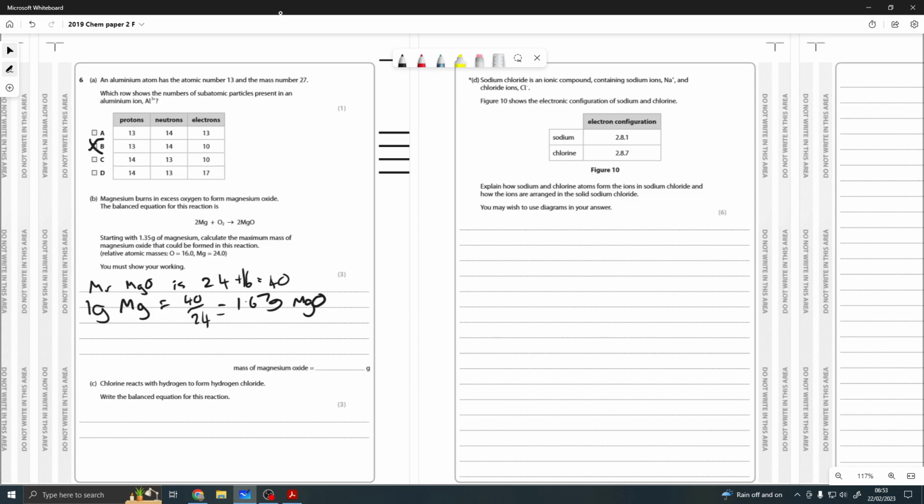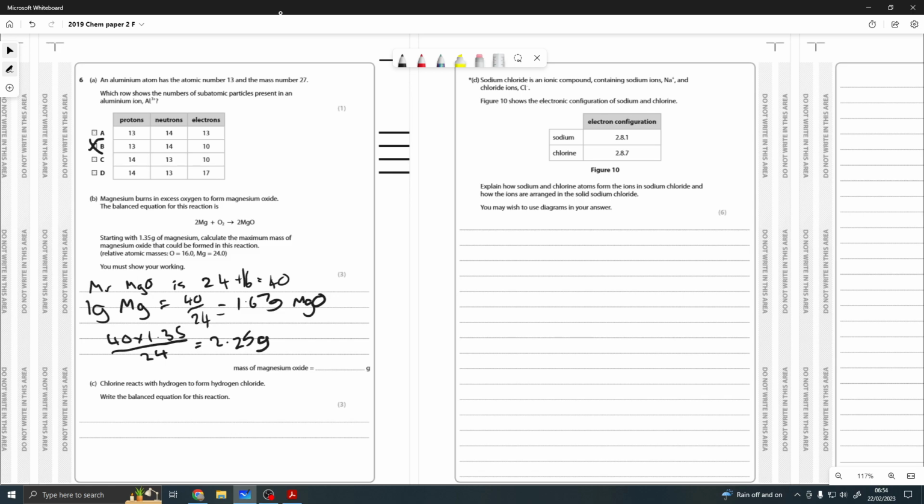However, you haven't got 1 gram, you've got 1.35 grams. You just need to scale that up, and to do that, you just need to write that. Essentially, you'll end up with 40 times 1.35 over 24. That gives you your final answer of 2.25 grams.